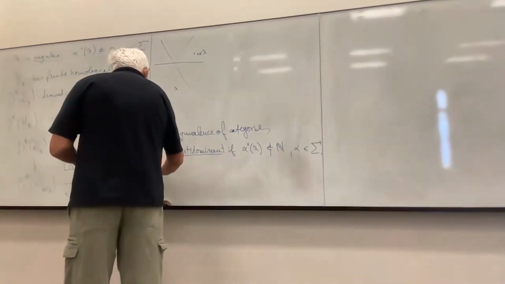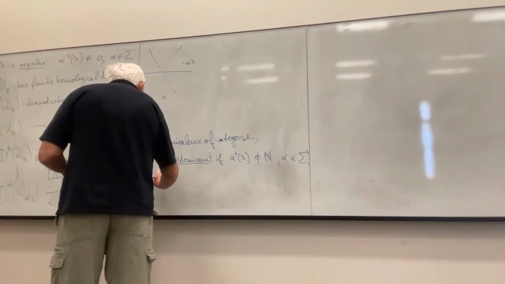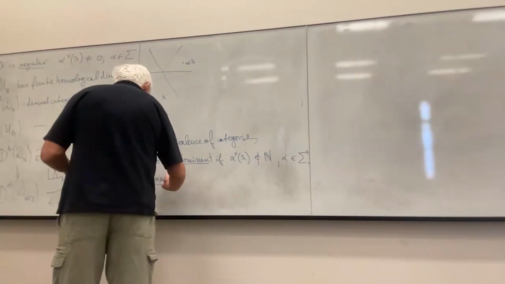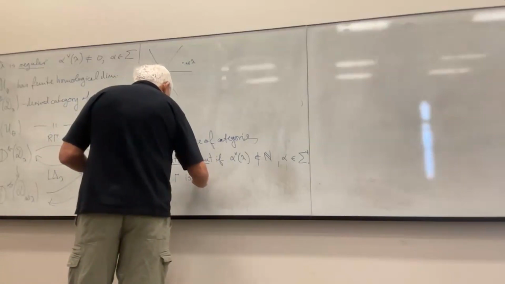So under this condition, as we discussed in the class, we have a theorem that gamma is exact.